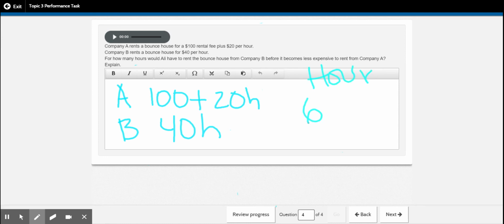So if it's 6 hours, from A, it's going to be 6 times 20, which is 120, plus 100. So that's $220. And for 6 hours from B, it's 6 times 40, which is 240.